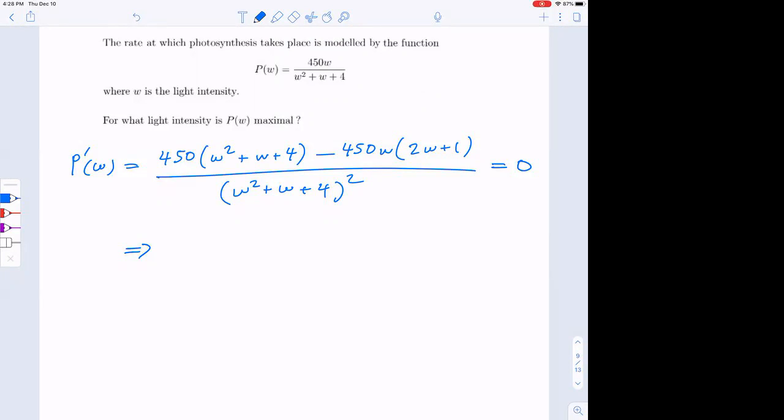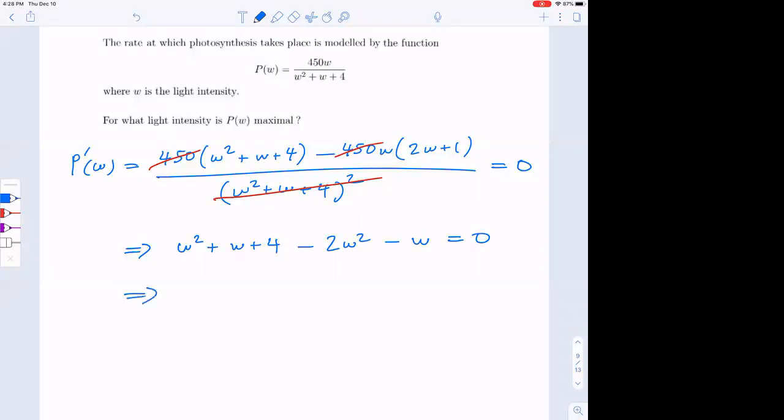We can also divide out 450 on both sides. So the denominator, the 450, all of that can disappear for us. What's left is W squared plus W plus 4 minus 2W squared minus W.